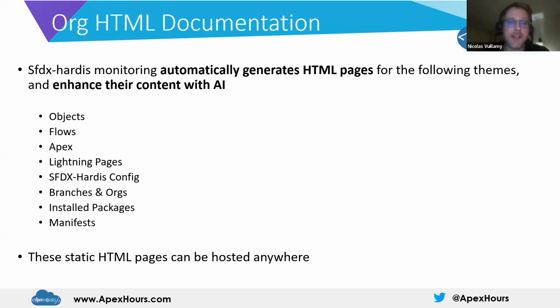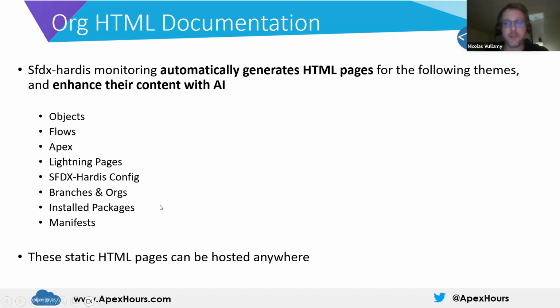But today you can have documentation about objects, about flows, about Apex, about pages, and if you are in an SFDX Hardis CI/CD project, you can also have information about the configuration. You can see managed packages. You can see all the metadata displayed nicely.